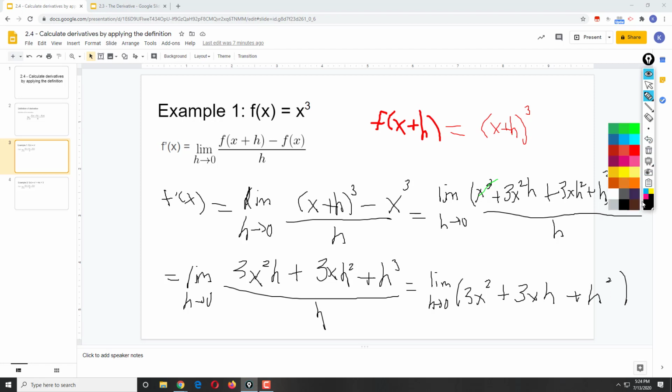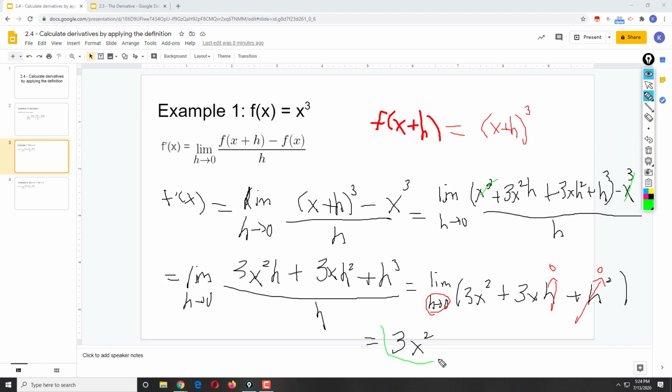But because h approaches 0, that means 3xh is going to become 0, and h squared is also 0. So that's just equal to 3x squared.